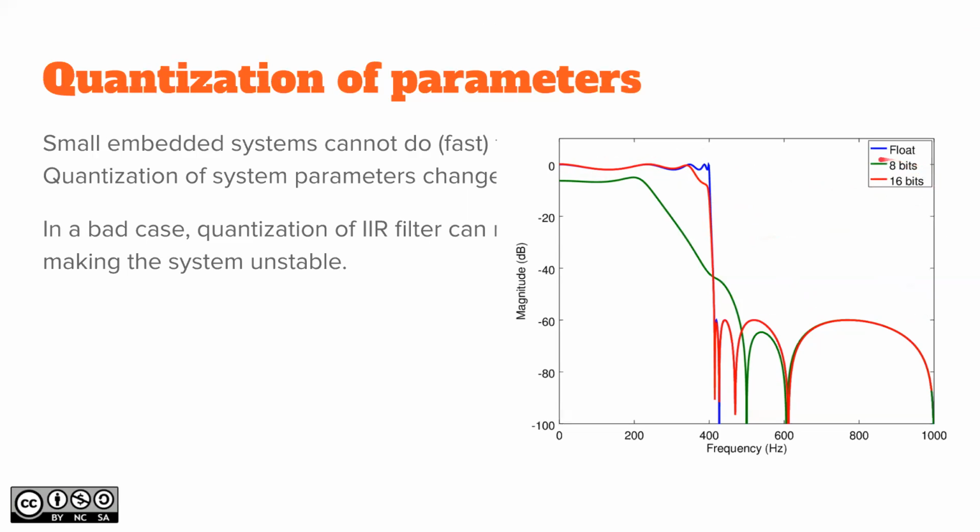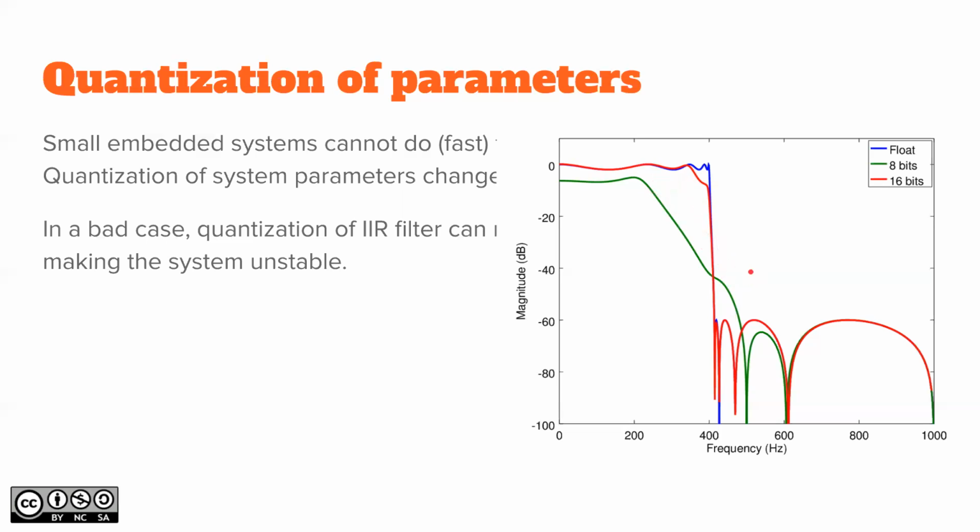When you round down to 8 bits, this is basically not usable anymore. It has attenuation there, and the cutoff frequency has moved from 400 Hertz to 200 something. The transition bandwidth is wider. So it's not the same filter anymore.